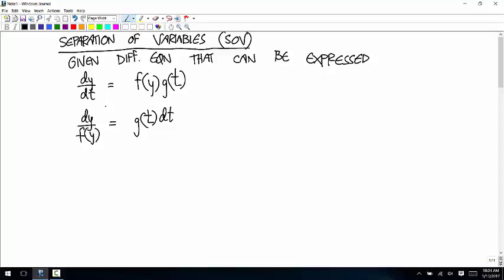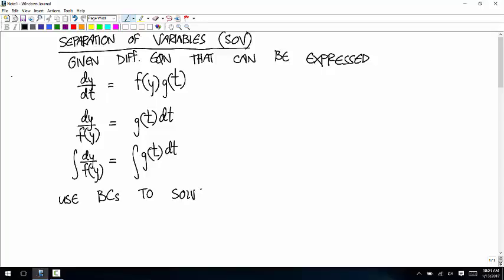Then just integrate both sides, and use the boundary conditions to solve for the constants of integration.